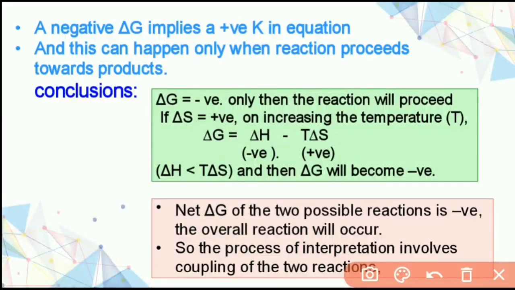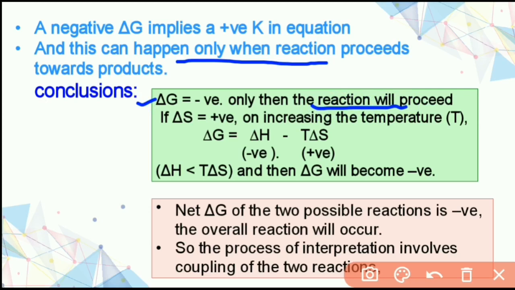A negative value of ΔG means the equilibrium constant K value will be positive in the equation, and this can happen only when the reaction proceeds towards the product. It means the reaction will be in the forward direction. The conclusion is that ΔG is negative only when the reaction proceeds in the forward direction.